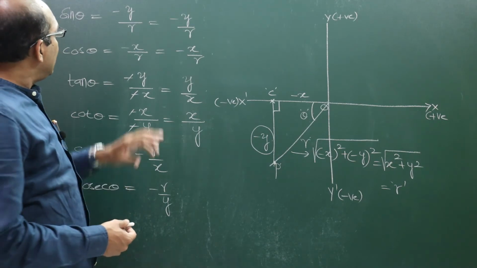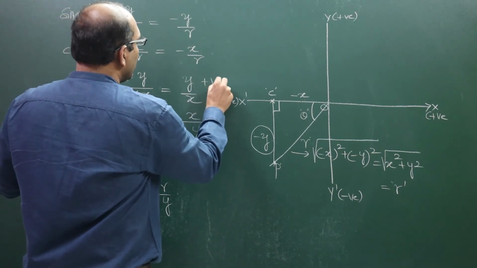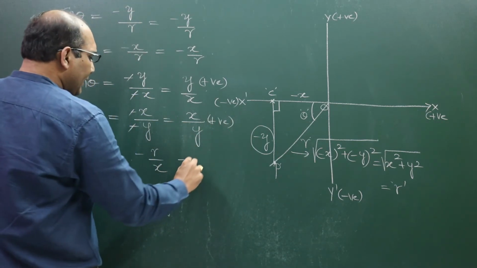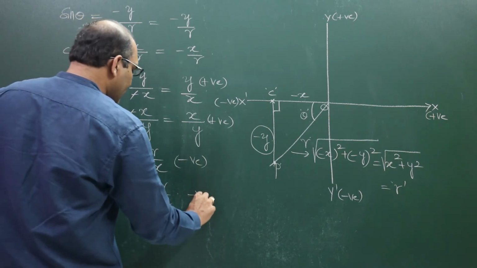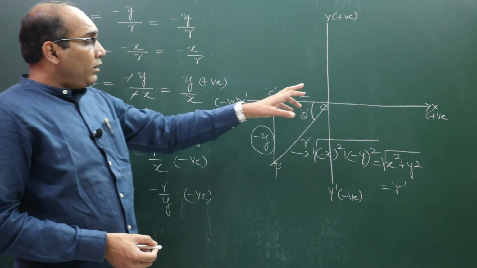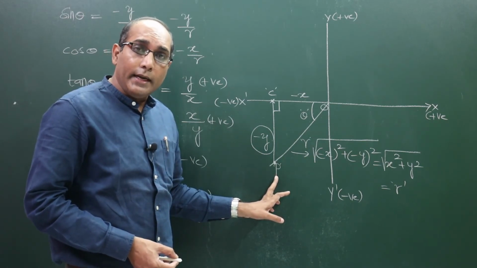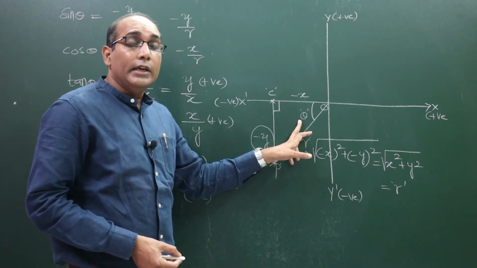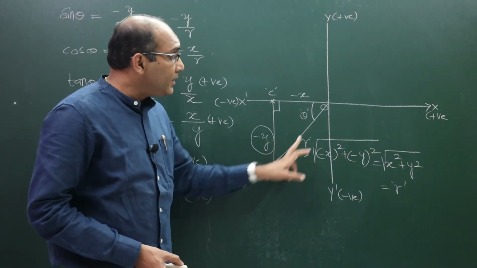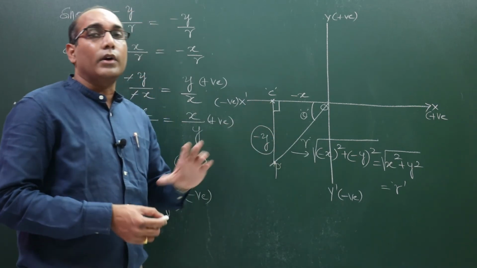Here we can observe that sin theta is negative, cos theta is negative, tan theta is positive, cot theta is positive, secant theta is negative, and cosecant theta is negative, because the terminal side OP is in the third quadrant and the angle of reference is also in the third quadrant.